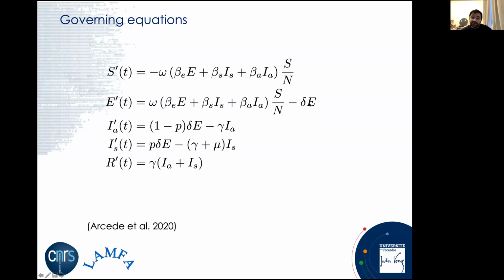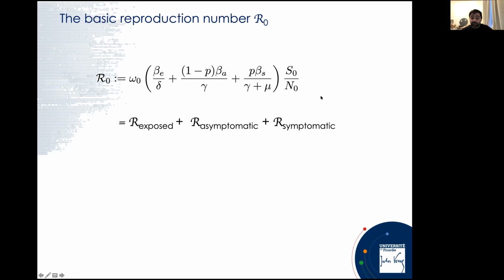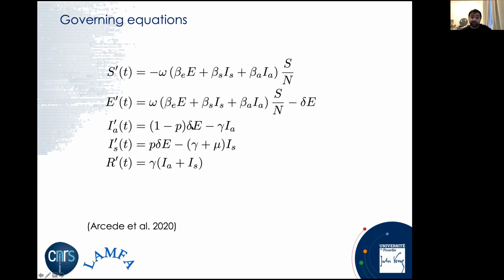At the end of latency, part of them will have no symptoms, asymptomatic. The other part will be symptomatic.